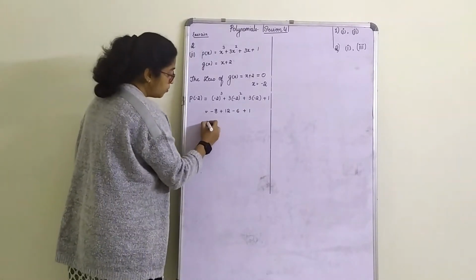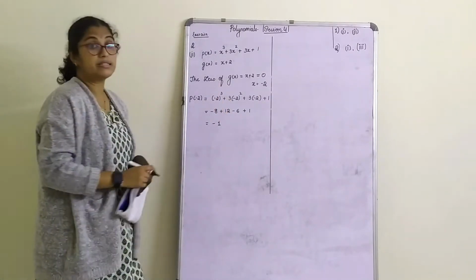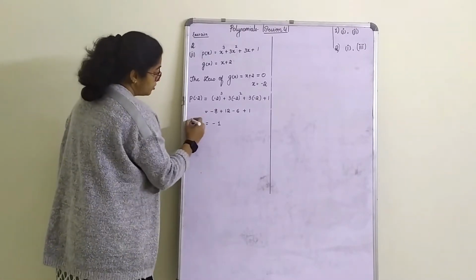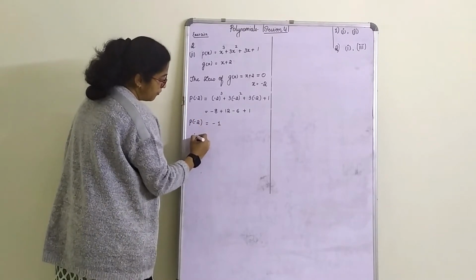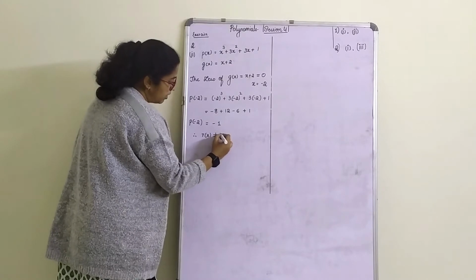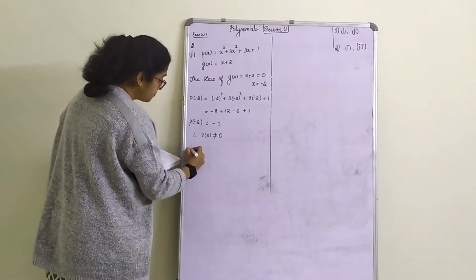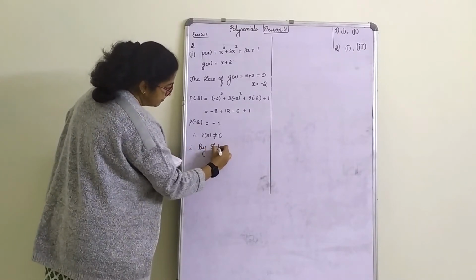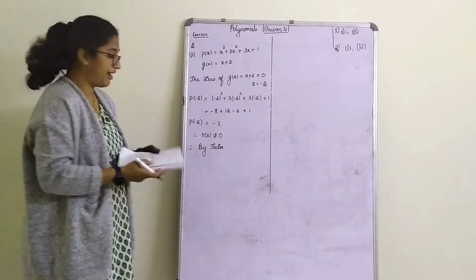You simplify this. What are you going to get? You will get the answer as minus 1, which is not equal to 0. So P of minus 2 is not equal to 0. Therefore, the remainder is not equal to 0. So what can we write? Therefore, by factor theorem, whichever sums we are choosing, if they are not equal to 0, they are not factors.